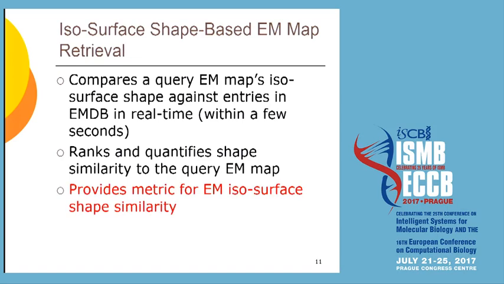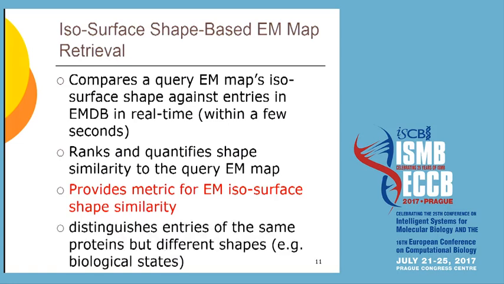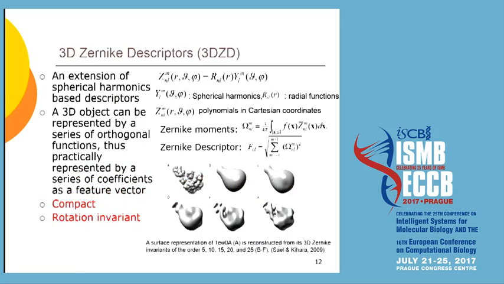It provides you the metric of the shape similarity between the query and the EM maps in the database, which is the fundamental aspect of this work. And if you have several EM maps of different biological states, which differ somewhat by eye, this method will quantify the difference between the maps.